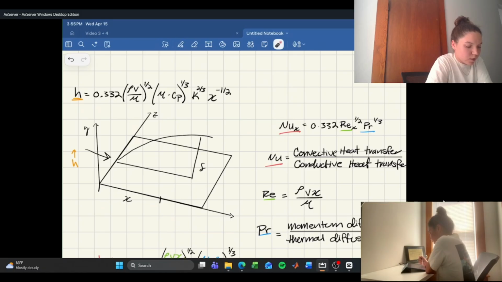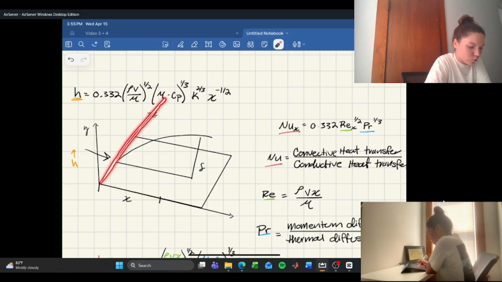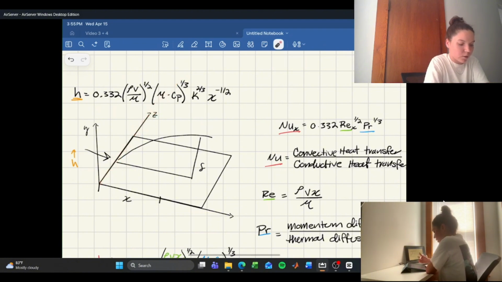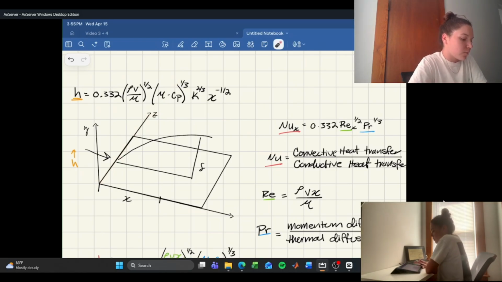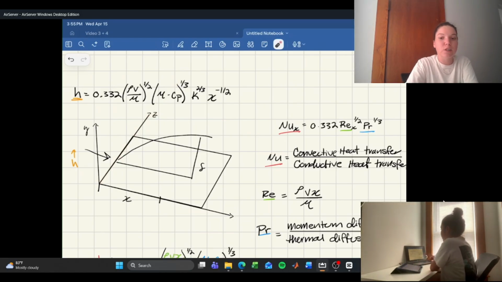So if we want h to increase, we have to make x smaller. That means increasing the length along the z-axis, or where the fluid first makes contact with the surface. And that's how you can maximize heat transfer on a flat, rectangular plane.